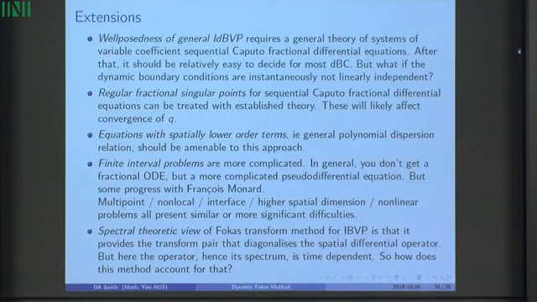But then some spectral theoretic view might be interesting, because the Fokas transform method, as I've said a couple of times, can be viewed as the way to derive the transform that diagonalizes the spatial differential operator, right?